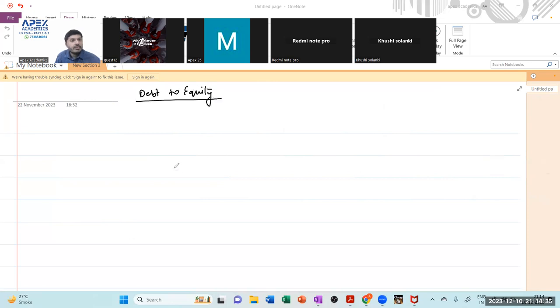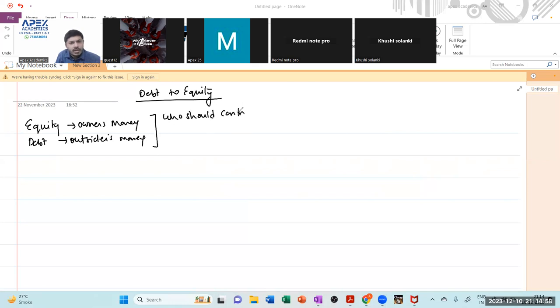Debt to equity. Very interesting. As I said, equity is owner's money and debt is outsider's money. Who should ideally control the business? Owner or outsider? Equity. Owners.